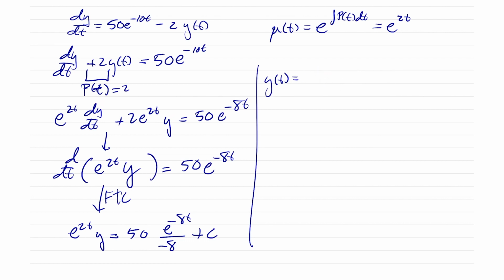Okay, so we get 50 divided by minus 8, we're dividing both sides by e to the 2t, right? So this needs to decrease by 2. And so it's going to be e to the minus 10t plus c times e to the minus 2t. There we go. Okay, so mostly done. So this is going to be our general solution.